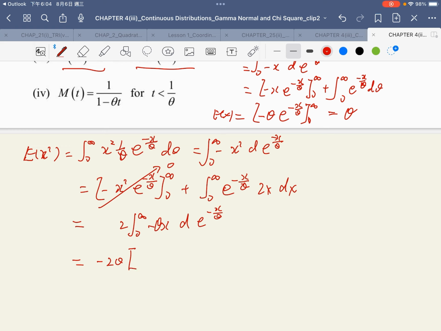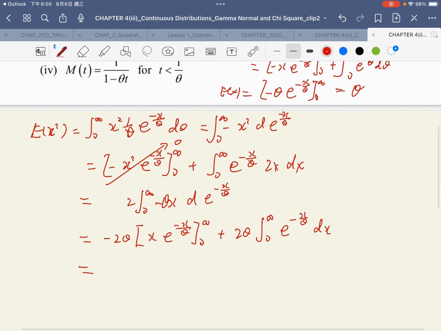The first part is x e to the minus x over theta. For the second part, change the position of these two, theta outside, and e to the power negative x over theta dx, and these 2 theta.